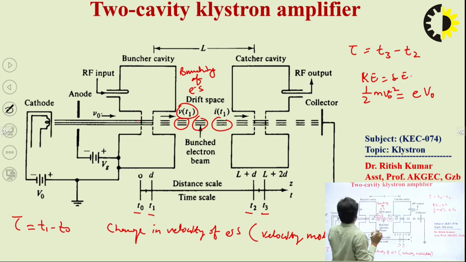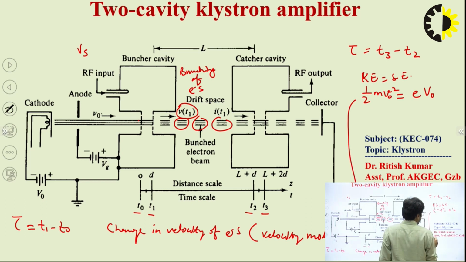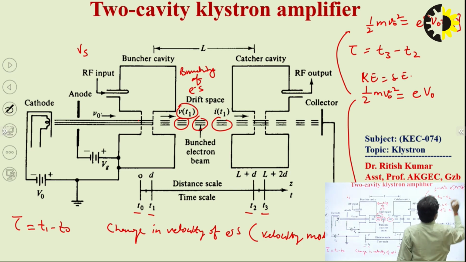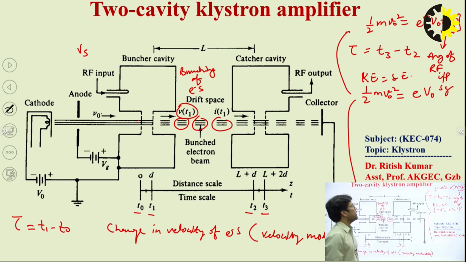Now suppose the RF signal is represented by Vs. If you apply the RF signal here, then this equation changes to half m v naught square is equal to E V naught plus the average of Vs. So we need to find the average of the RF input signal that we have applied at the buncher cavity.